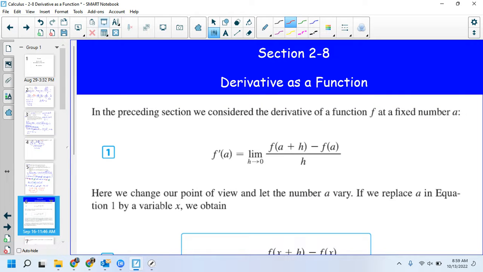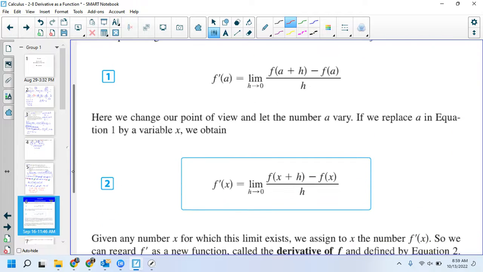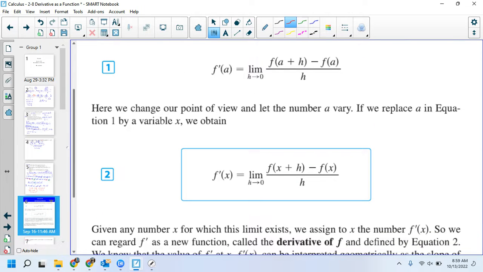In the preceding section, we considered this, the derivative is equal to the difference quotient, right? And that's what we did on the last problem. Here we change our point of view and let a vary, meaning we're going to let a be anything we want it to be. We're going to let a be x in this case, because essentially isn't x the same?